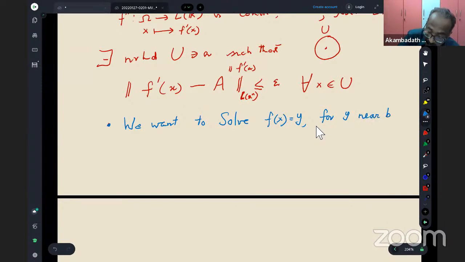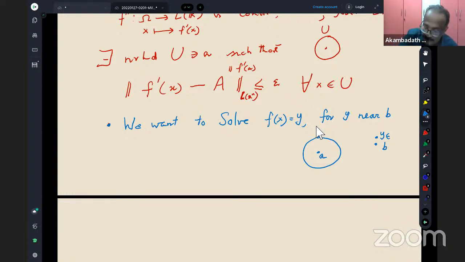You have your x here, a going to b. Our aim is to find a neighborhood, and we may have to shrink this neighborhood later, which you are doing all the time in math. Why? You want to solve for y close to b in some neighborhood.